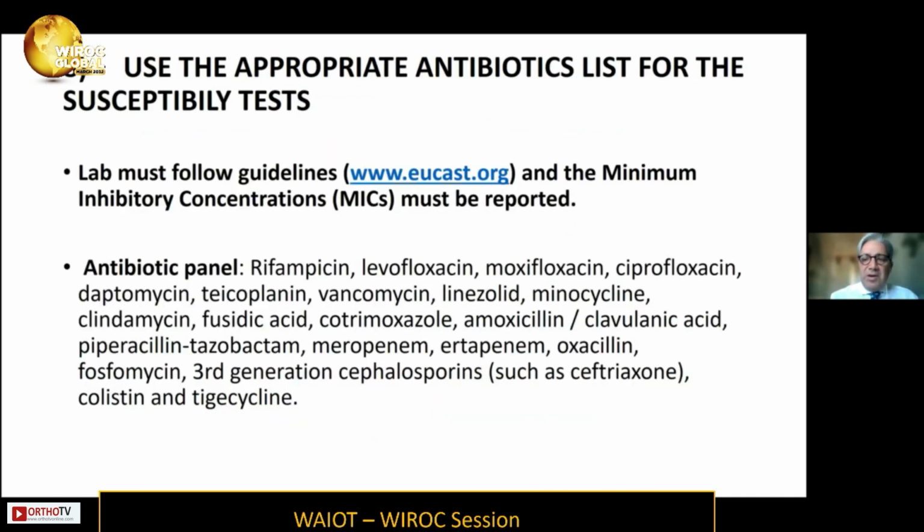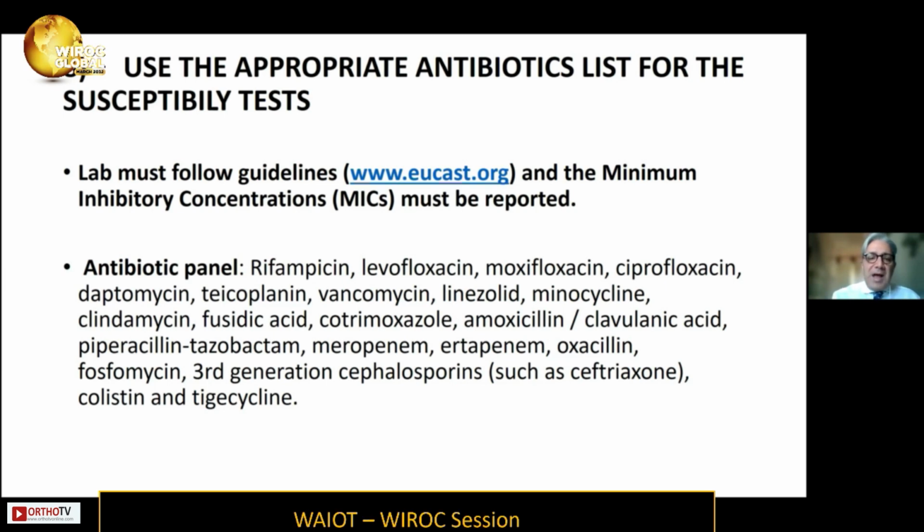Point 8 is very relevant, especially considering the increasing antibiotic resistance. Any lab must use guidelines, which are the EUCAST guidelines, and any lab must report the minimal inhibitory concentration in the report.